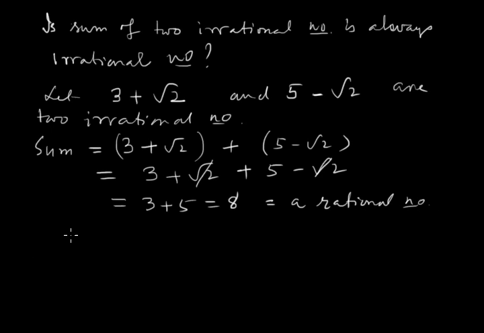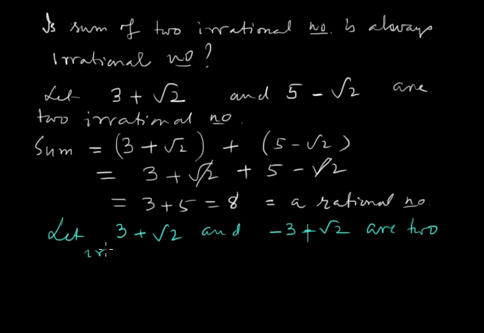Let me set up another example. Let 3 plus root 2 and minus 3 plus root 2 be two irrational numbers.